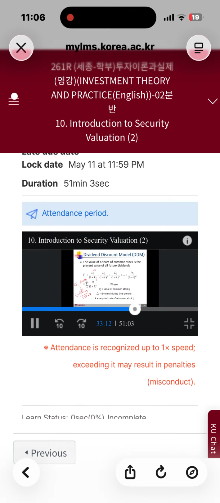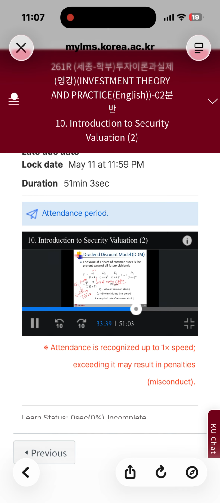Okay, cost of equity, cost of stock, estimated by CAPM. Right? The capital asset pricing model estimates the expected return or the required rate of return on the individual security, individual stock.